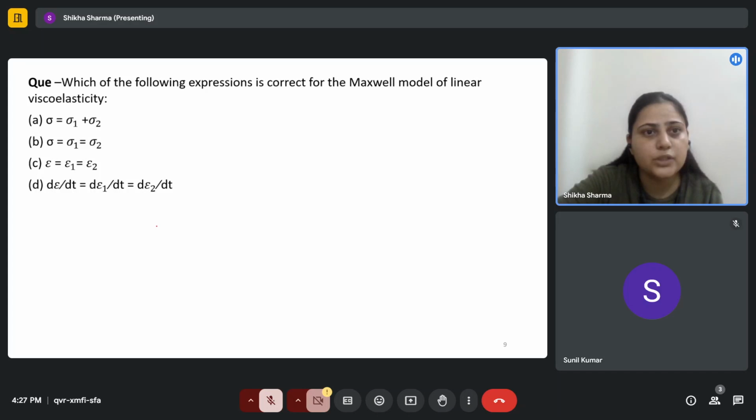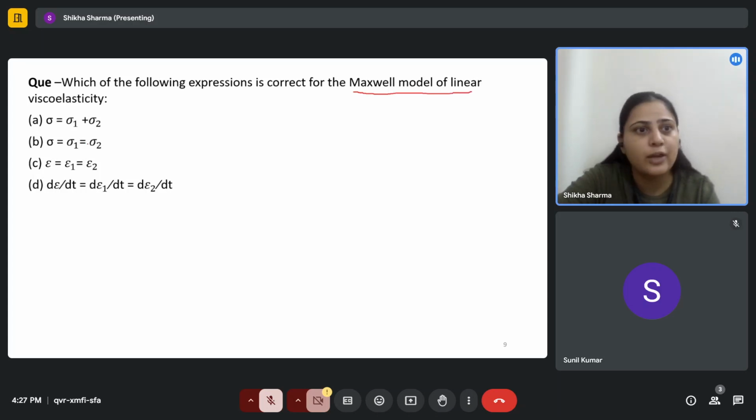Next question is, which of the following expressions is correct for the Maxwell model of linear viscoelasticity? The Maxwell model of linear viscoelasticity is very important and it is well discussed in the slides.